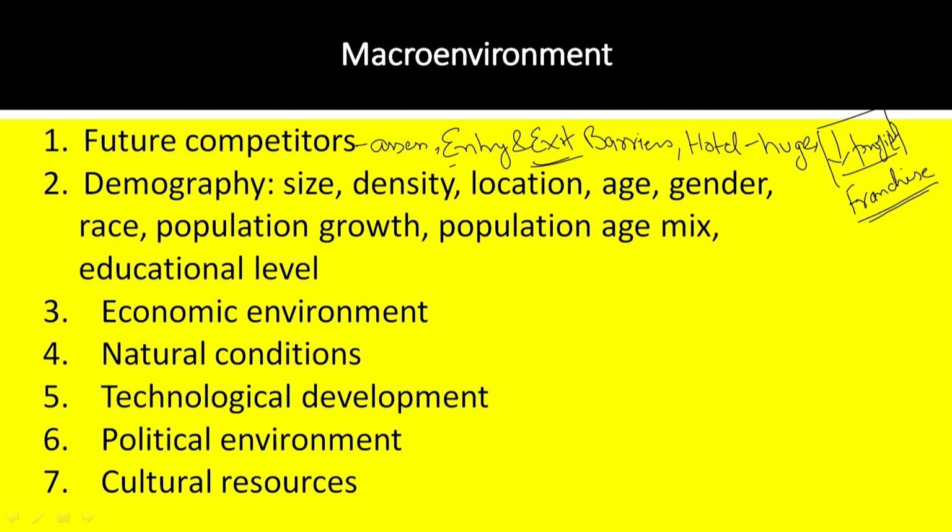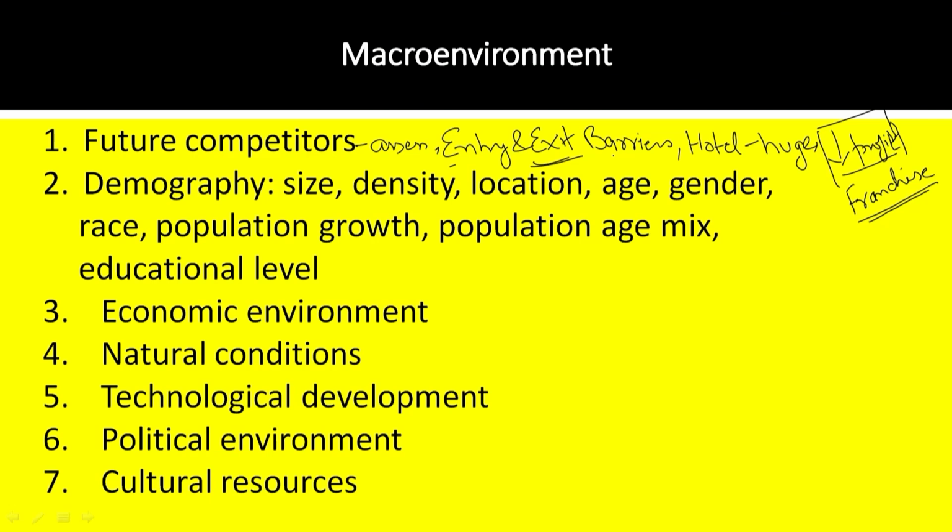Why? Because through this franchise system, they can keep entry and exit barriers comparatively low. So this is how entry and exit barriers, and the future competition which is coming, exiting, or selling at a lower profit margin, play an important role in the macro environment and affect the policy of the TMCs and other companies.